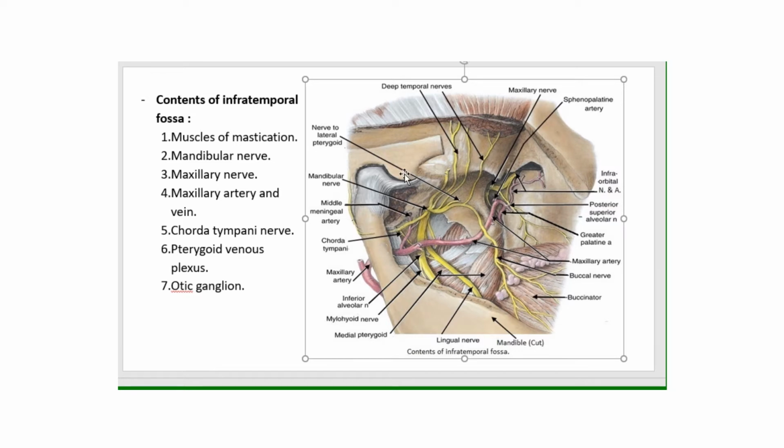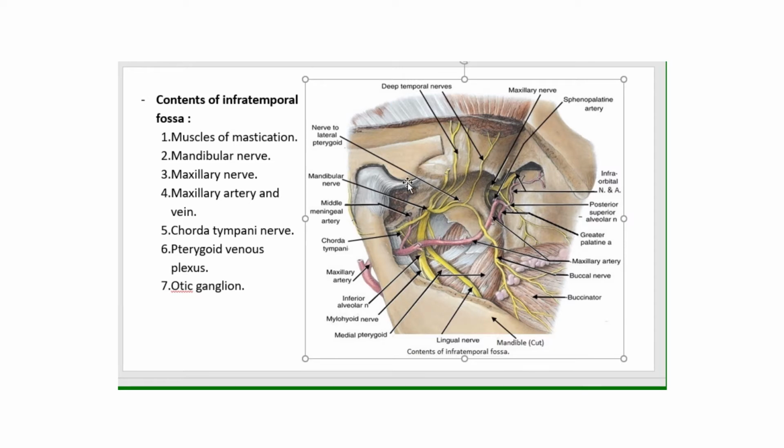The masseter muscle, in my opinion, is not one of the contents of the infratemporal fossa. It takes origin from the zygomatic arch and is inserted into the outer surface of the ramus of the mandible, so it covers the infratemporal fossa from outside.